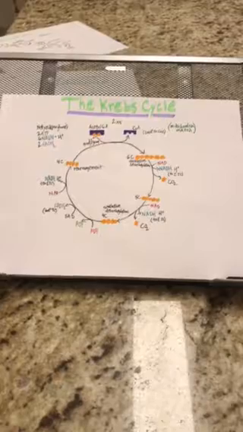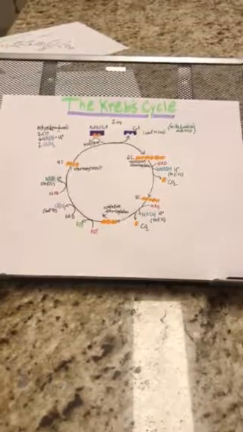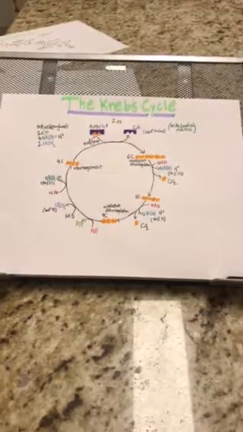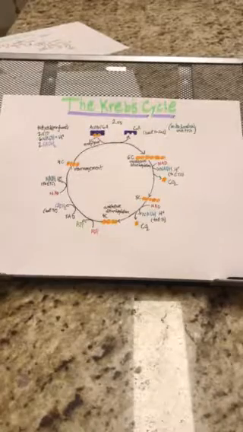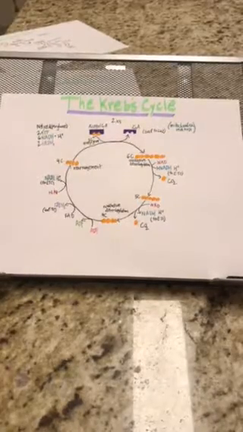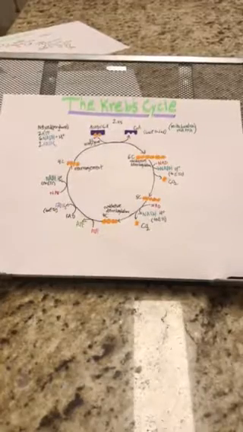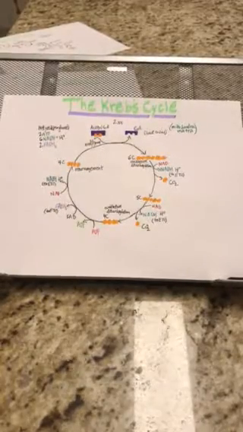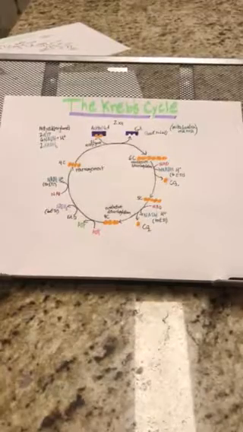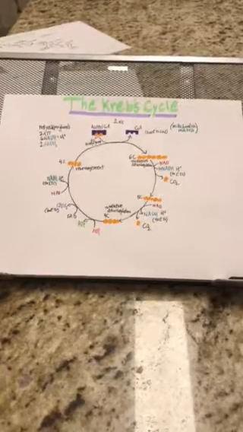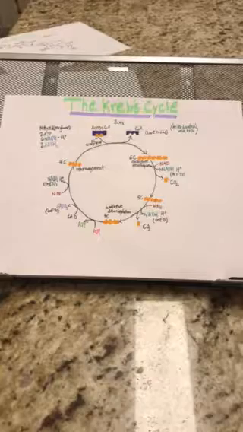Now the 6-carbon molecule, which is called citrate, is a 5-carbon molecule. This molecule undergoes oxidative decarboxylation again. Another carbon dioxide molecule is released and another NAD becomes NADH. The 5-carbon molecule is now a 4-carbon molecule.